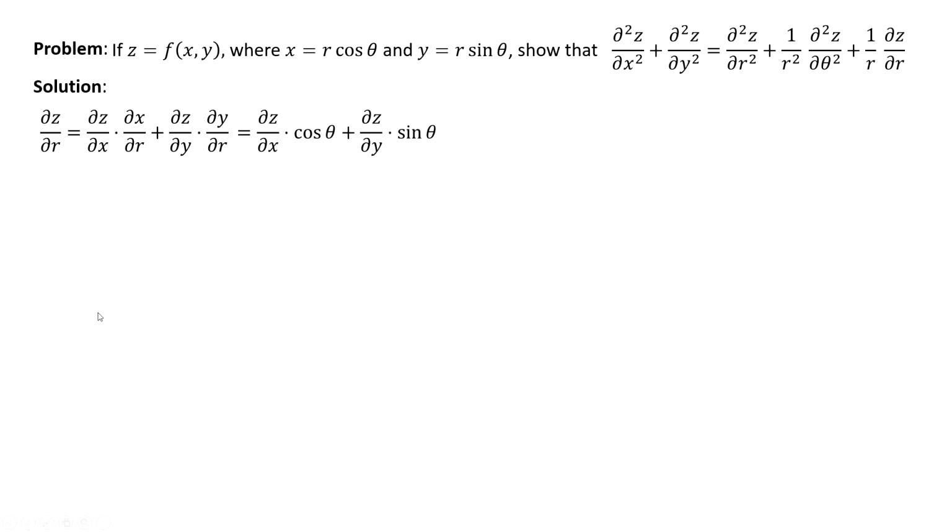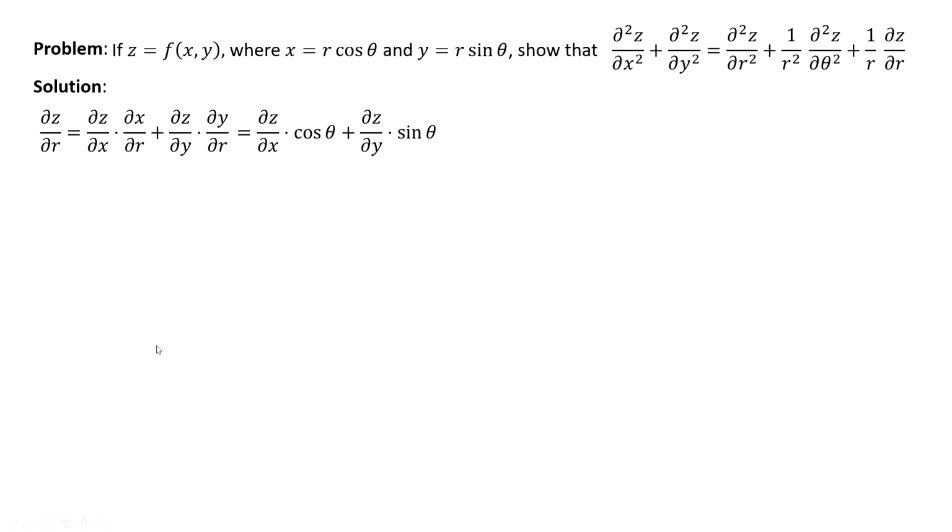Now, what is the second partial of z with respect to r? Please pay attention to this part. I think I may have mentioned this somewhere else. To me, when I look at partial z with respect to r, I want to think of it as partial with respect to r of the quantity z.